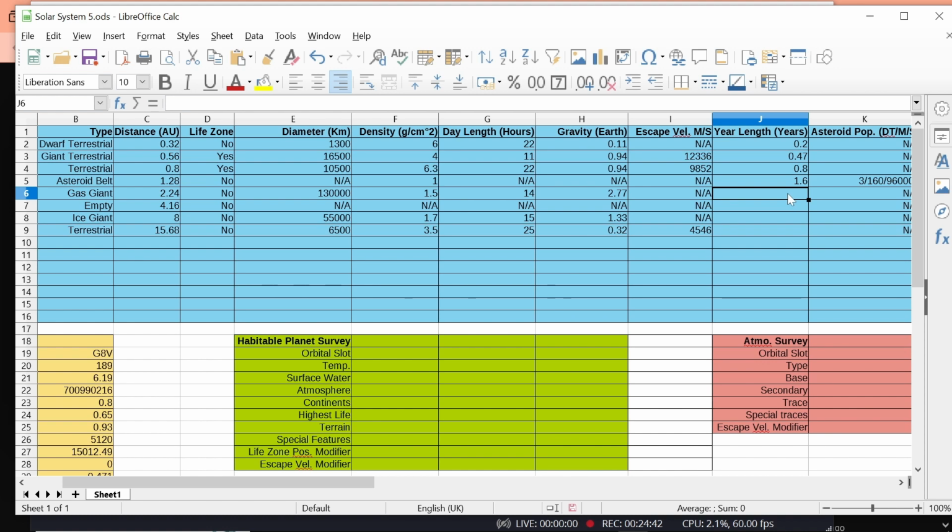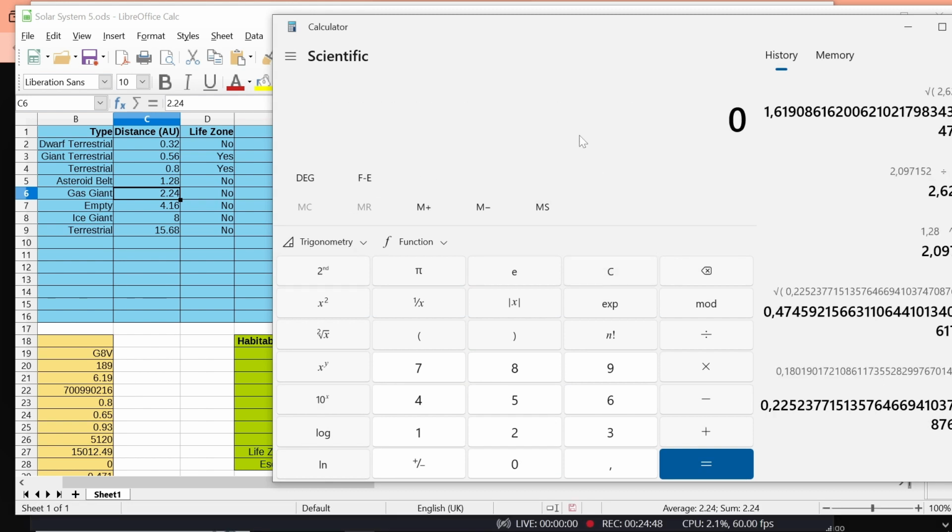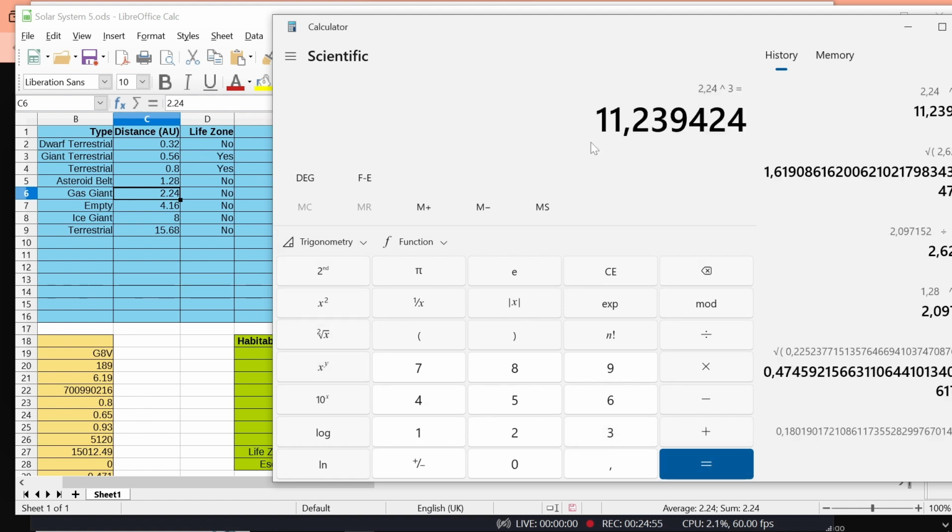For the gas giant, we have the distance of 2.24. So we take 2.24 to the power of 3, giving us this, divided by 0.8, giving us this.